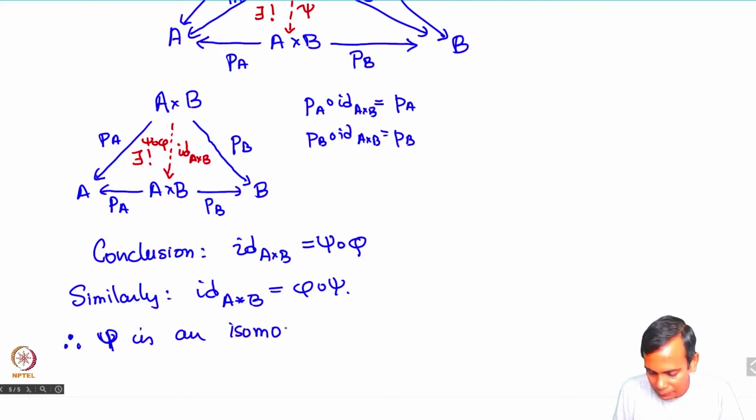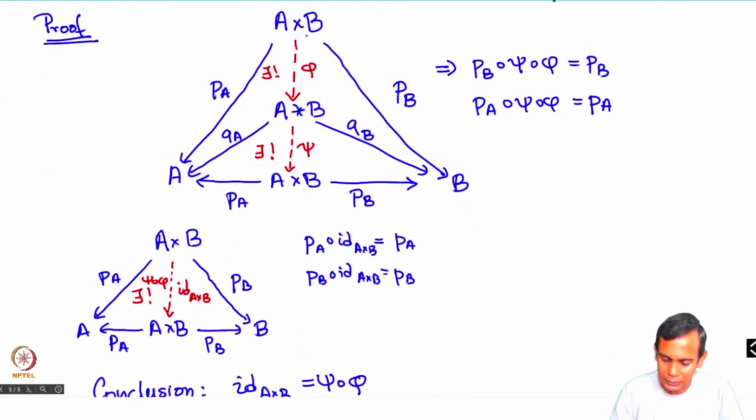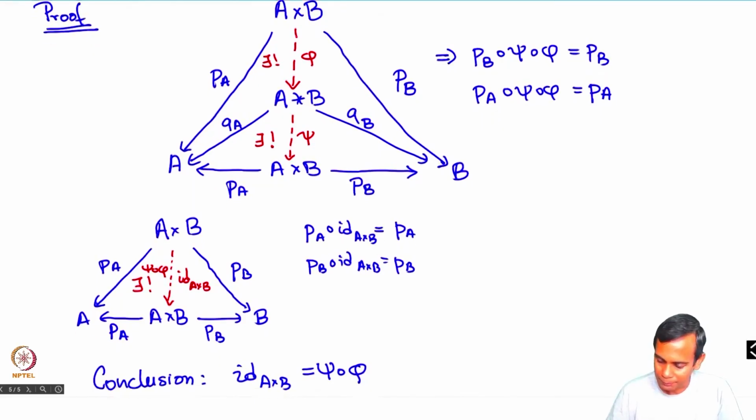It has an inverse, namely psi. And of course, it's unique because of the universal property. We already see that it is unique here because it's defined by the universal property.